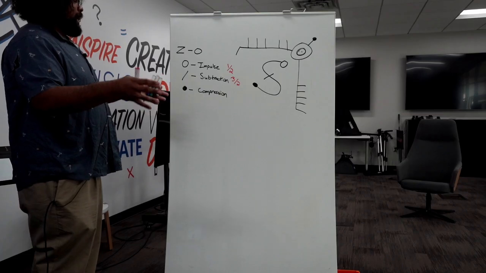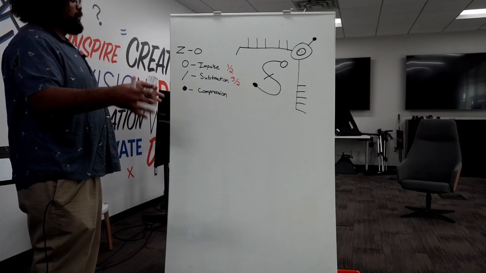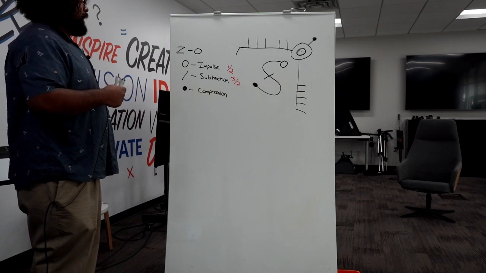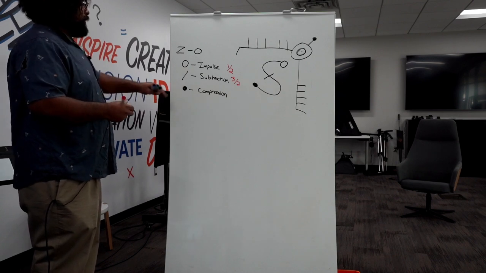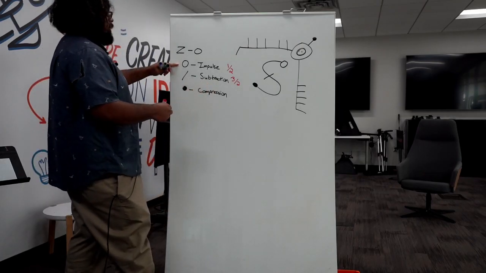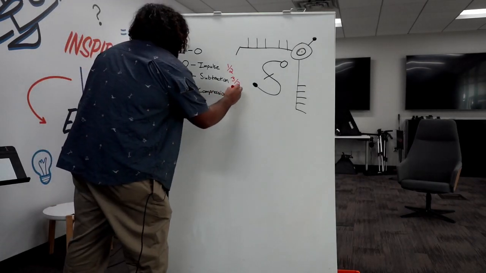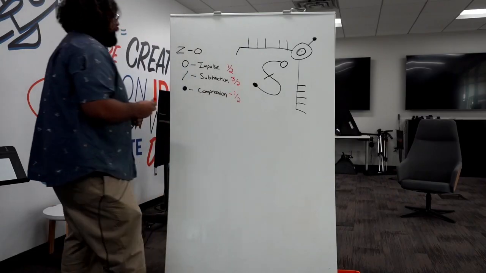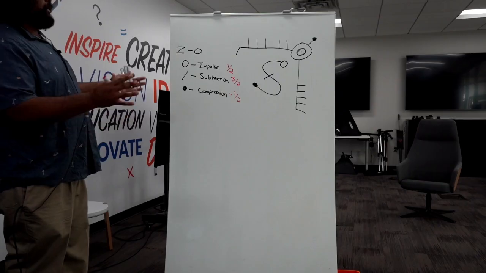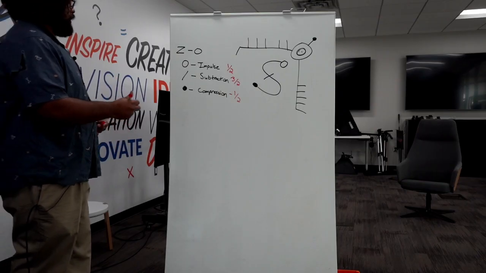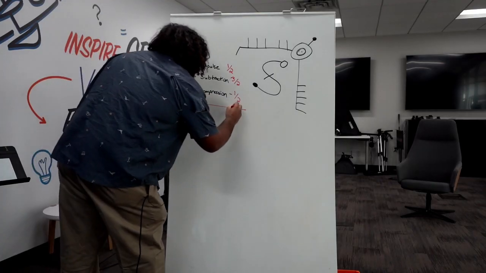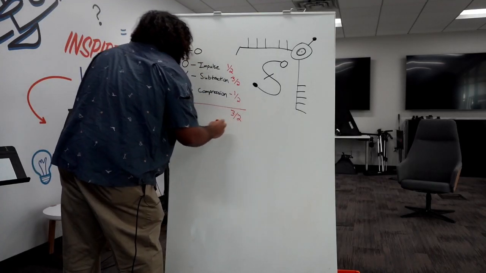And after that entire comparison and subtraction happens, there should be a way to reverse that impulse. That's considered the ratio of compression, which is just going to be the opposite of impulse. So we think about that as negative 1/2. And if we add all these together to complete our cycle of communication, then that tells us that this entire thing is going to be 3 halves units of information total.